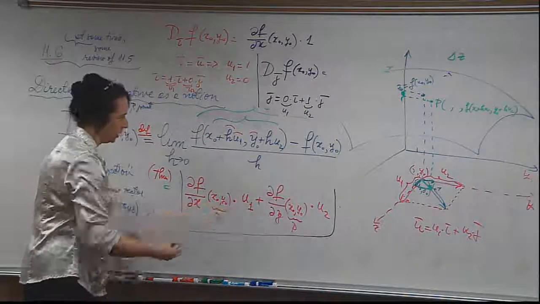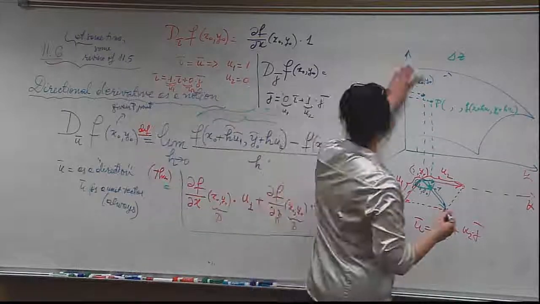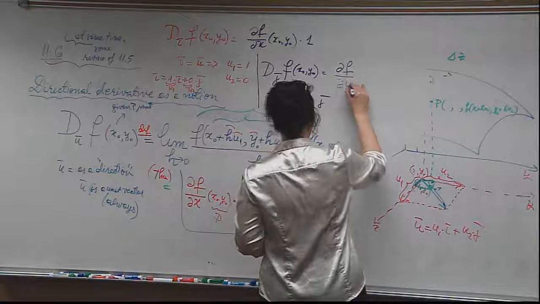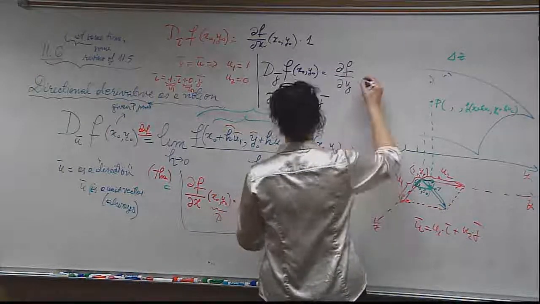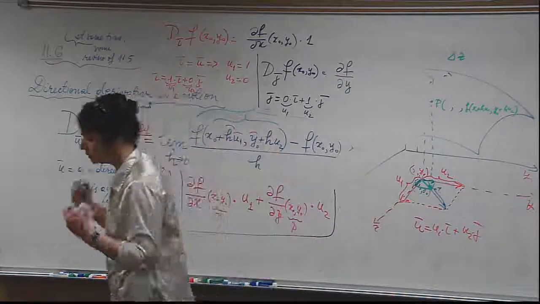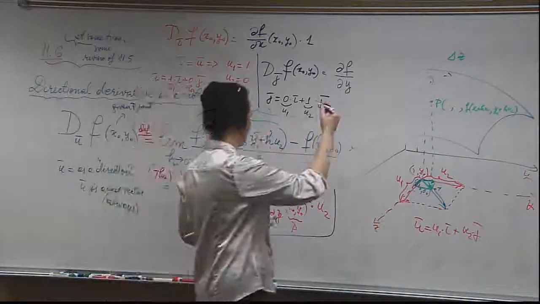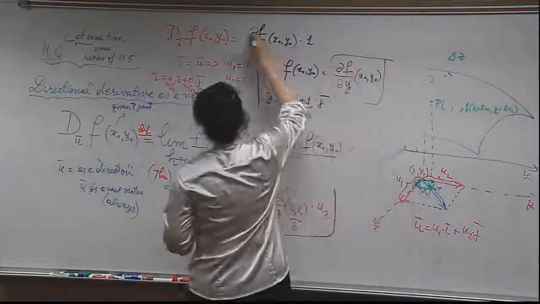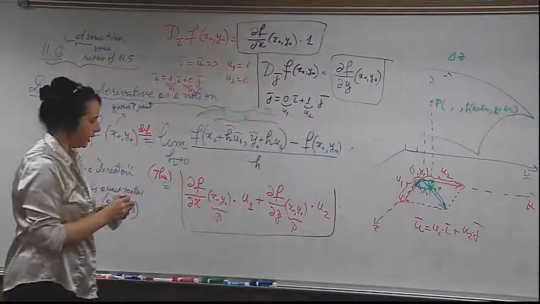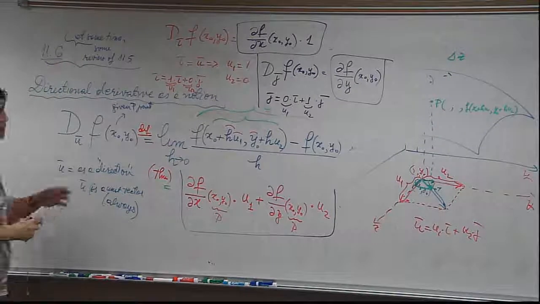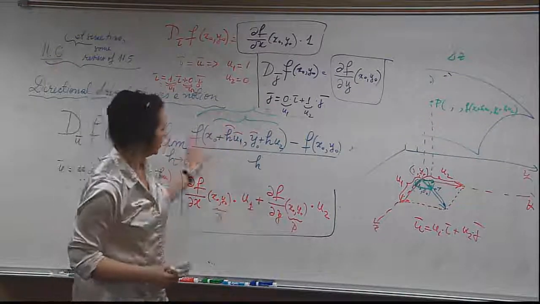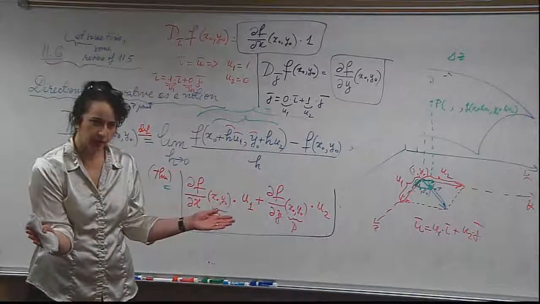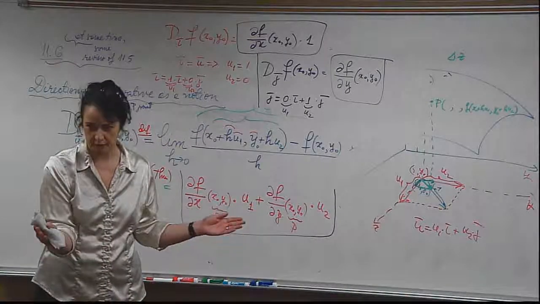So by this formula, I should get the directional derivative, which is the partial derivative with respect to y at my point times a 1 that I'm not going to write. So it's a concoction, so that in the directions of i and j, you actually get the partial derivatives.